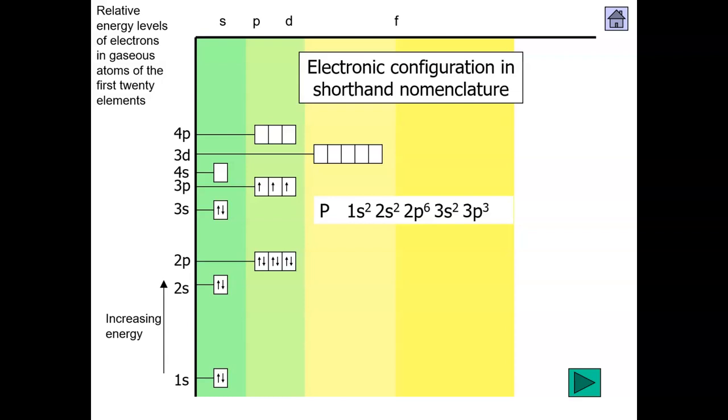It's much easier to actually gain electrons to be like the next noble gas, in this case argon. So phosphorus will ideally gain the 3 remaining electrons to complete the 3p subshell, forming a P3- ion, which of course is electronically just like argon. So when we actually do this electron arrangement, 3p4, spin pairing, just like we saw with oxygen, this is happening again with sulfur as the pattern predicts.